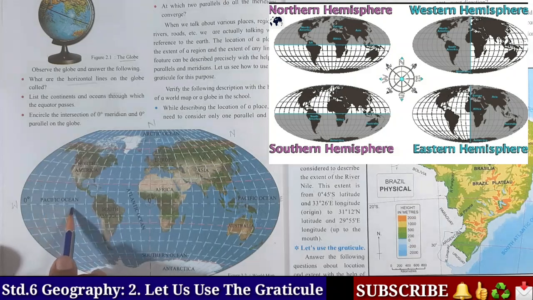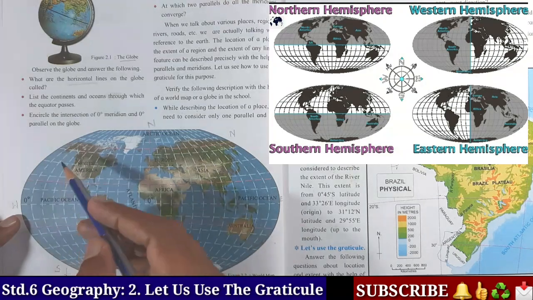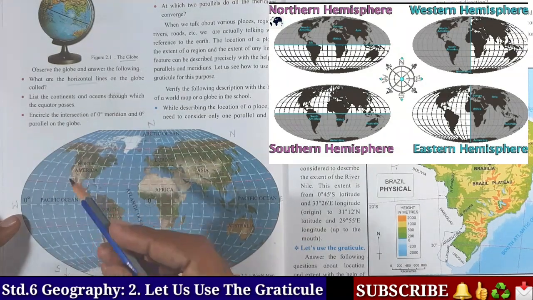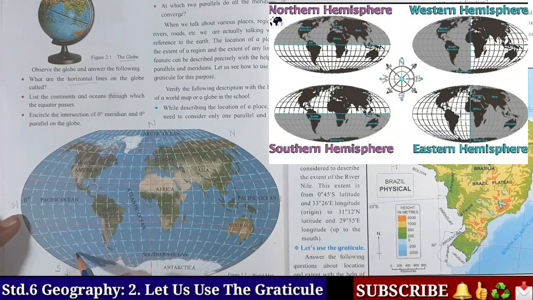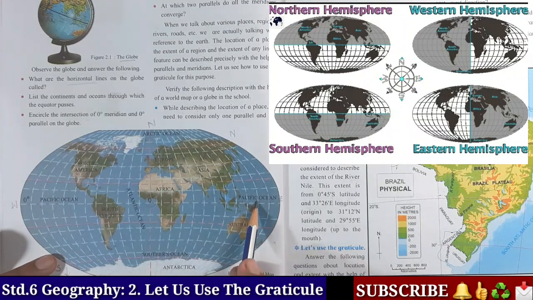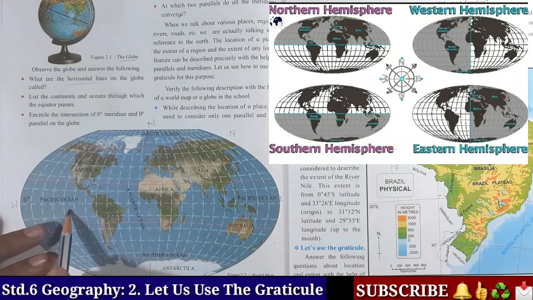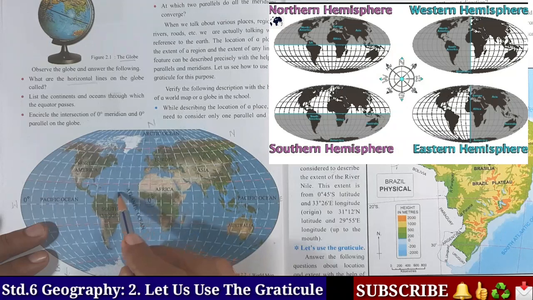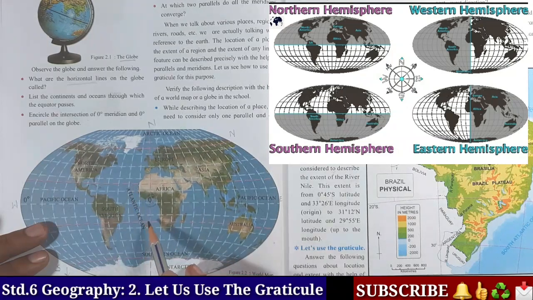So the Pacific Ocean is in the western hemisphere, as well as in the northern hemisphere, the southern hemisphere, and lastly the eastern hemisphere. So the Pacific Ocean is spread in all the 4 hemispheres, and the Atlantic Ocean is also spread in all the 4 hemispheres.